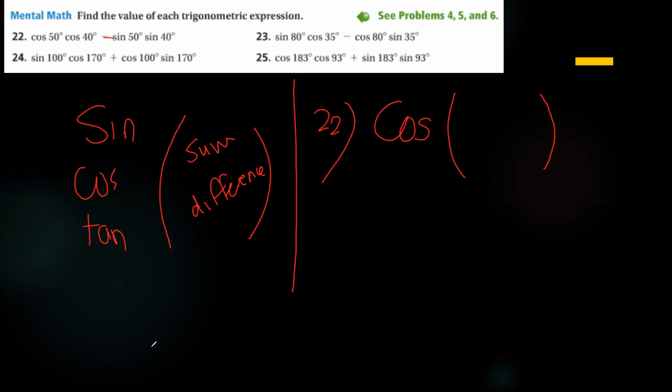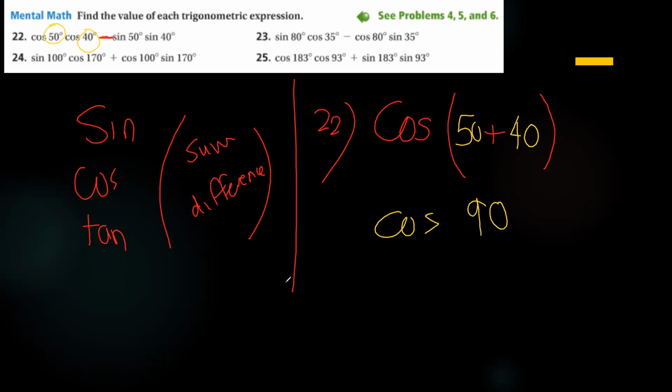Means that if I have minus here, that means I have plus. Then the angles, 50 and 40. And then cosine of 50 and 40, they are cosine of 90.